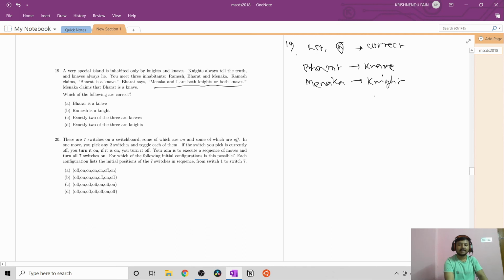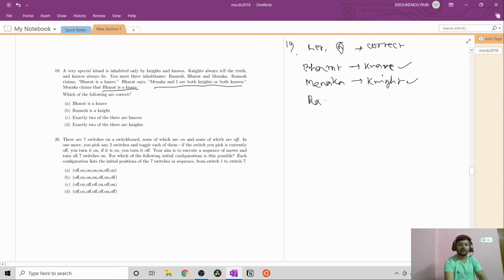Now as Menaka is a knight, Menaka says that Bharat is a knave, which is right, and as knights always tell the truth, this is true, and the condition is that Bharat is a knave. Then the other condition: Ramesh claims Bharat is a knave, which is correct.